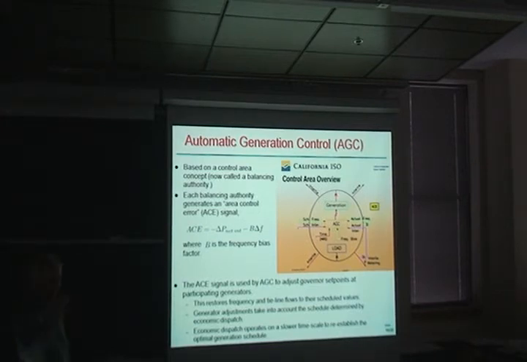So it's a big feedback control process that is operating across very large interconnected systems. The whole eastern interconnected power system of the US spans from the Dakotas down to Florida. It's all operating as one contiguous power system, and it's divided up into these balancing authorities, and that's how control is achieved.